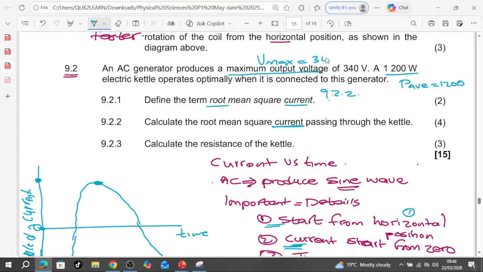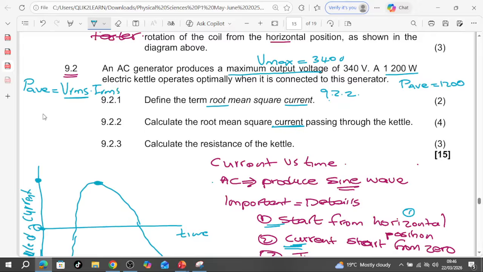It's equal to 340 volts. So to use the formula that says P average is equal to VRMS multiplied by the current IRMS. I think you understand where this formula is coming from. First things first, let's calculate the VRMS.